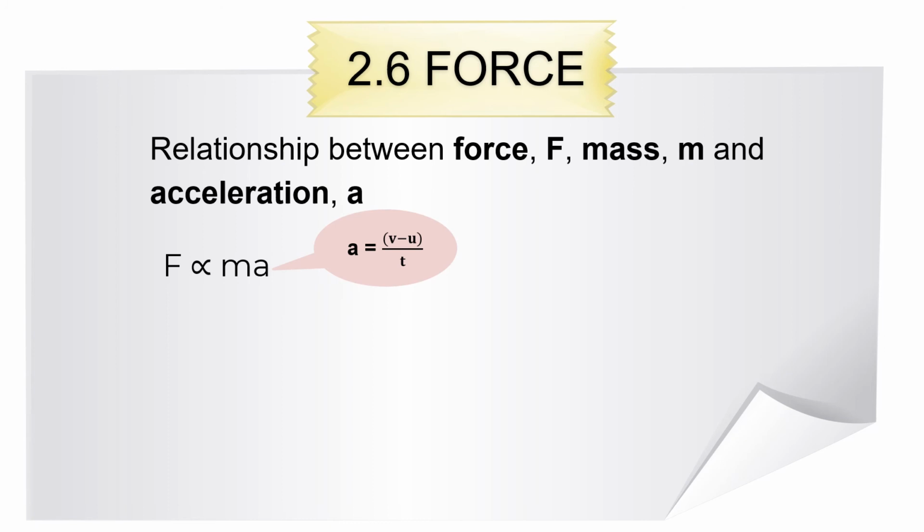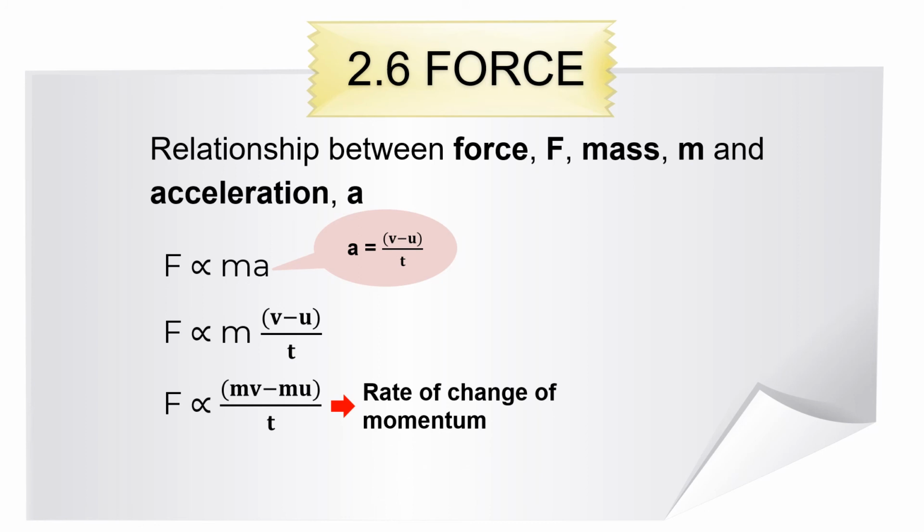This is the formula for acceleration, which is final velocity v minus initial velocity u over time t. When you substitute that formula into a, it becomes m in bracket v minus u over t. Bring m into the bracket, then it becomes mv minus mu over t, which is the rate of change of momentum.